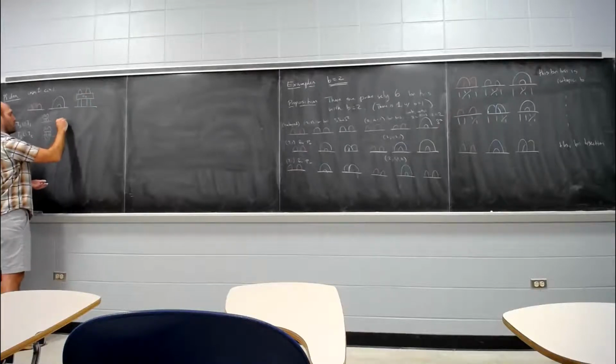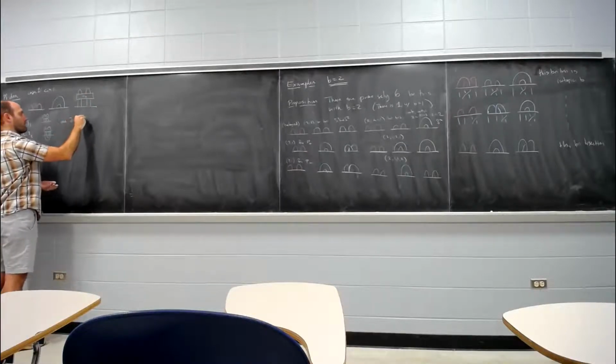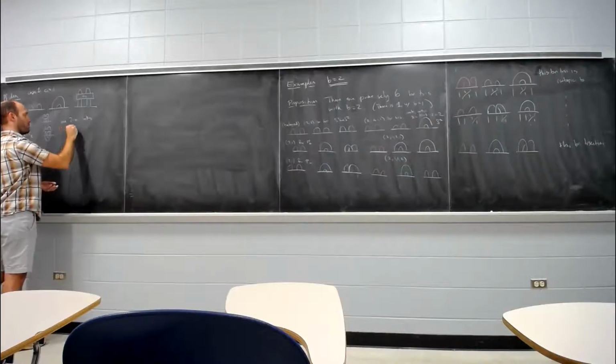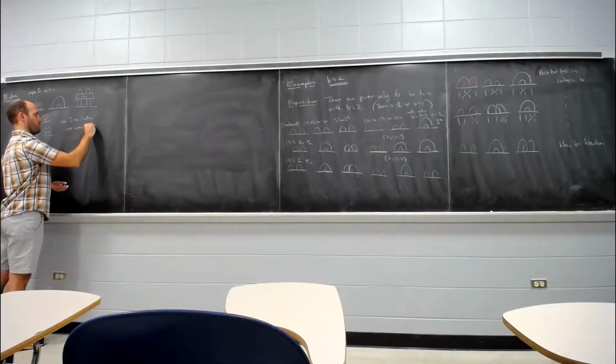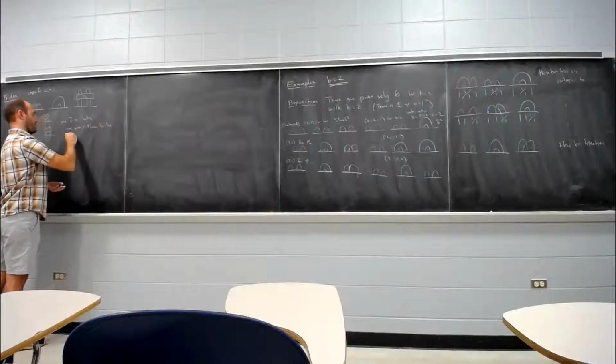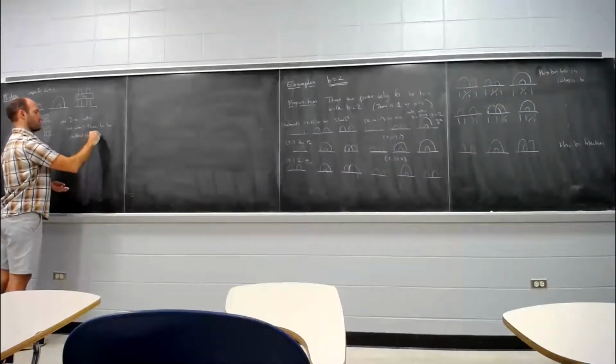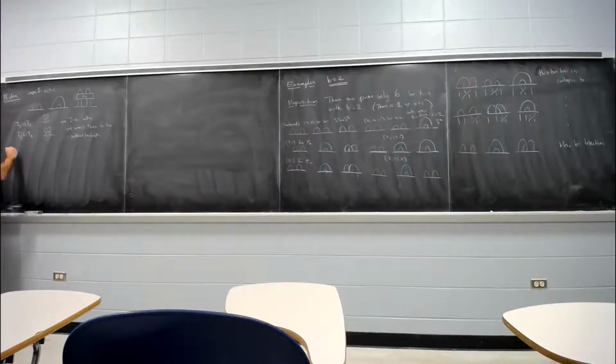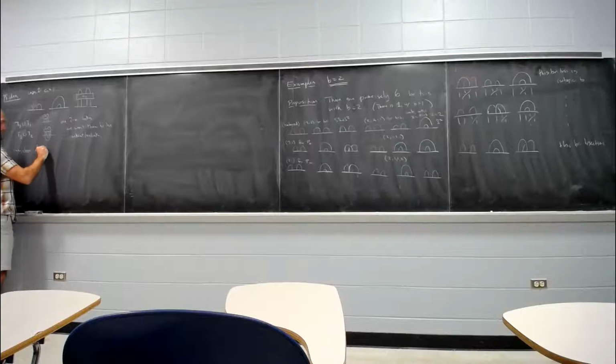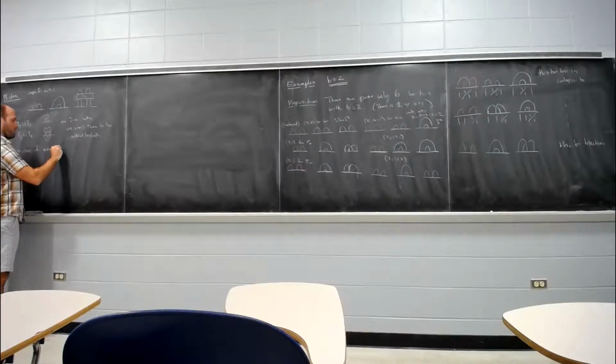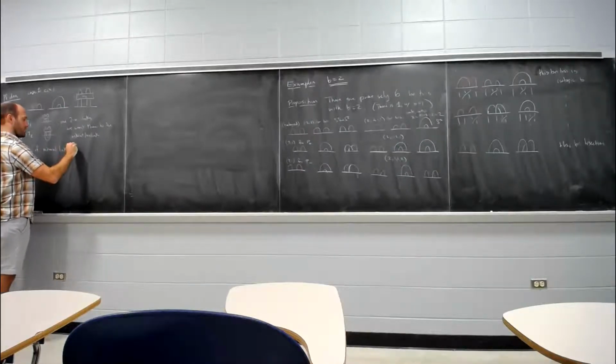Okay, so these are two-bridge links, and we want them to be either an unknot or an unlink. And so you can appeal to the classification of rational links, two-bridge links, which is due to Conway.